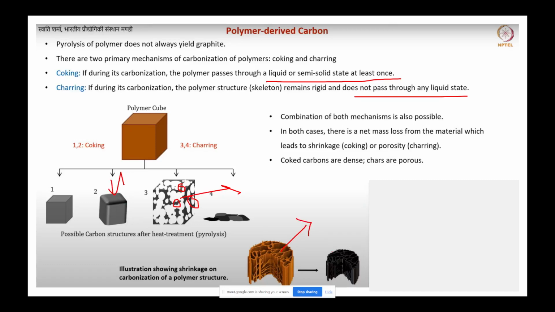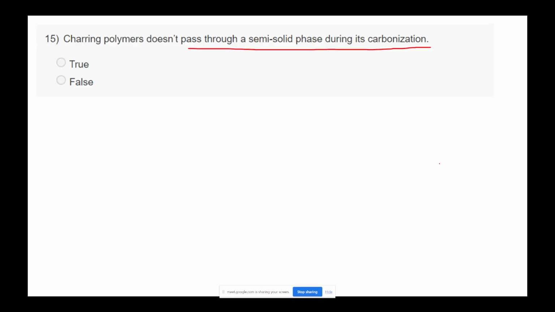Here you can see, okay. The coke carbons are dense and this is porous, so it is true. True, why?